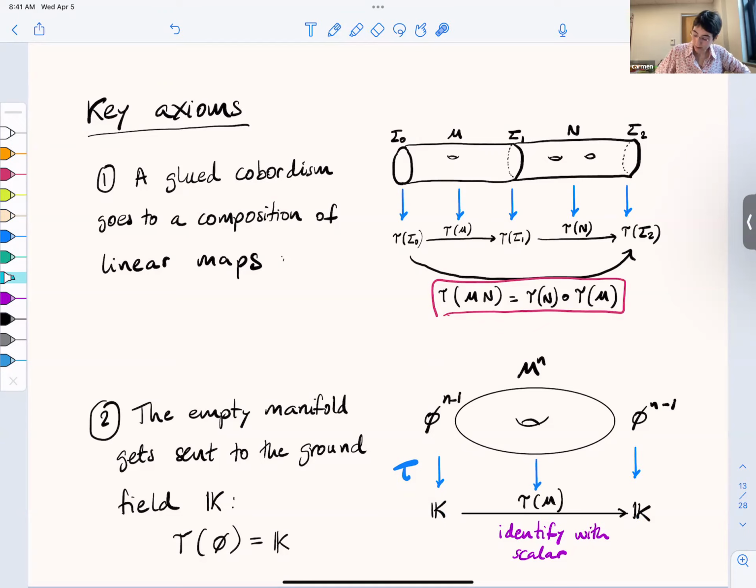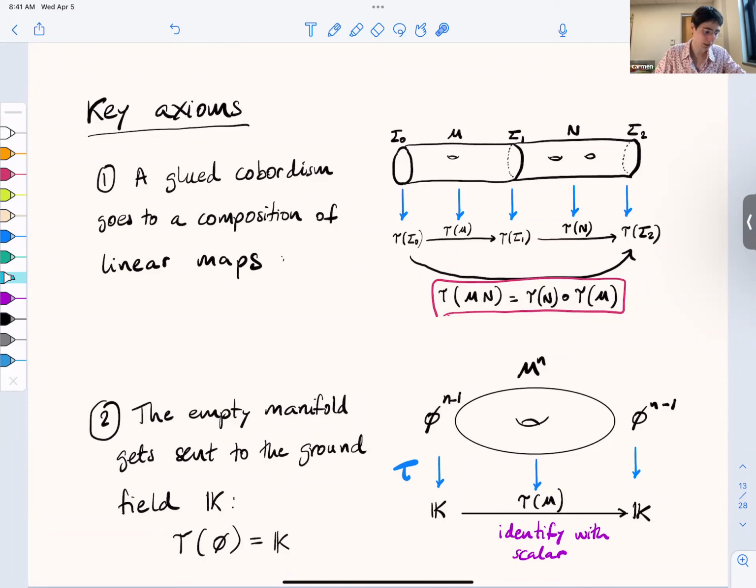What you can see is that you are taking a closed manifold, and by doing this operation, you're getting a scalar. Well, that's exactly what manifold invariants do. You evaluate your manifold, and you get some scalar or some algebraic information out of it. So what your TQFT is doing here is giving you a manifold invariant.